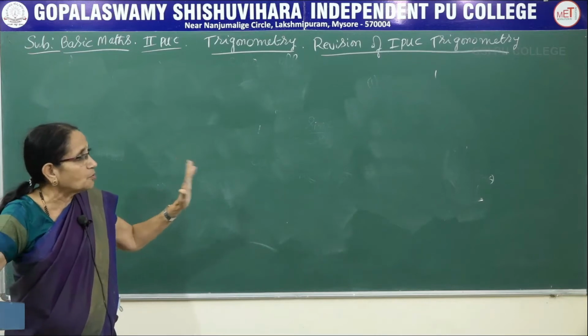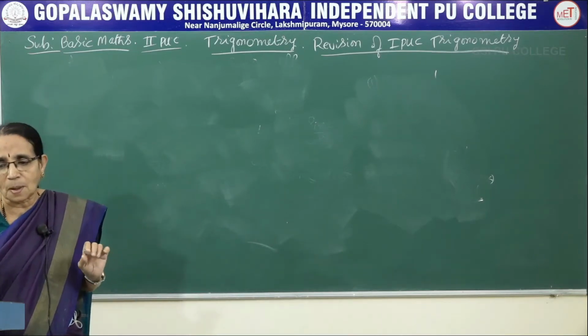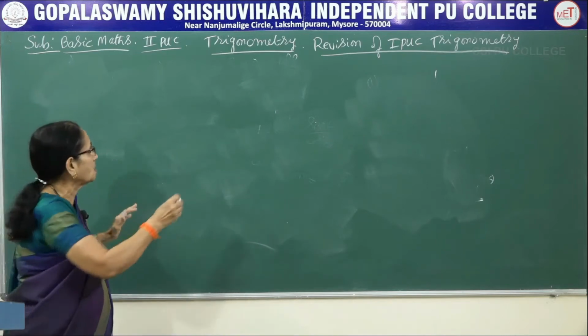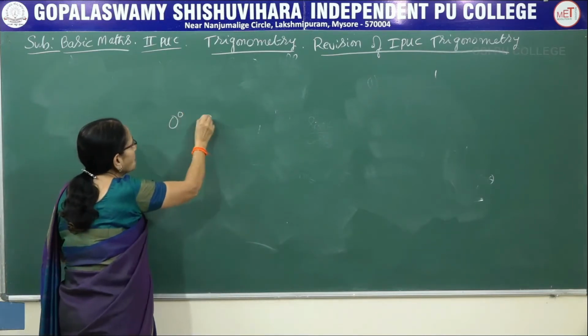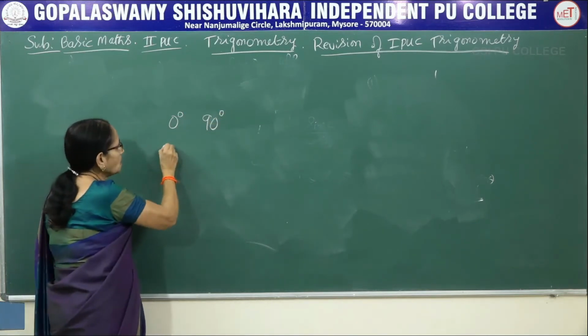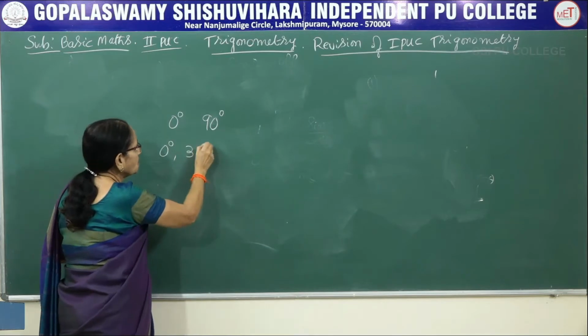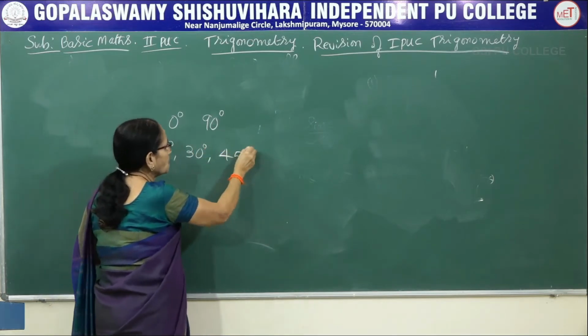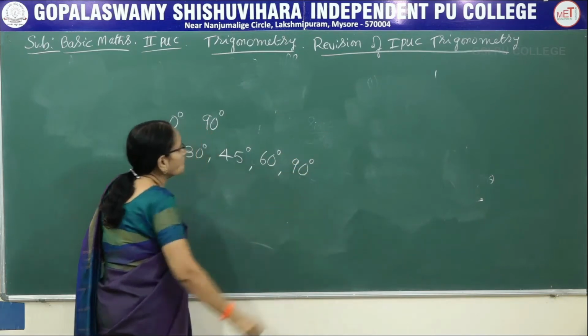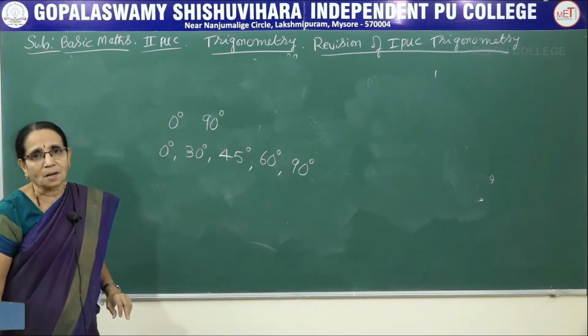I am just giving you the information, just revising, that's all. Now here, let us take some angles between 0 degrees and 90 degrees, that is, in the first quadrant. Now 0 degrees, 30 degrees, 45 degrees, 60 degrees and finally 90. We call these the standard angles.